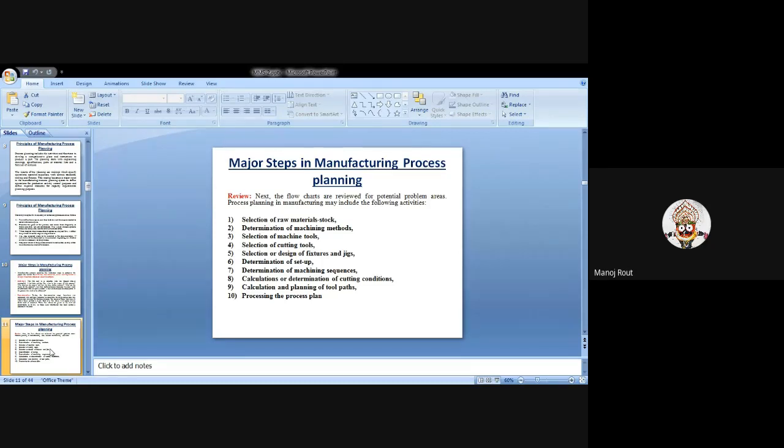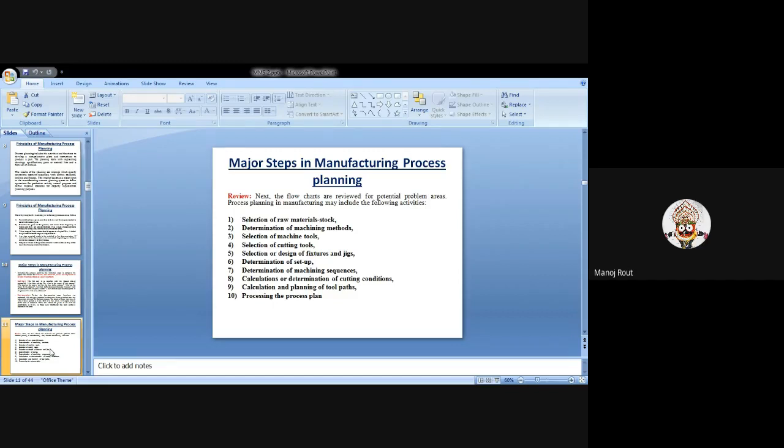When the flowchart is given to the department and sub-department, it needs to be reviewed for potential problem areas. Process planning in manufacturing may include the following activities.